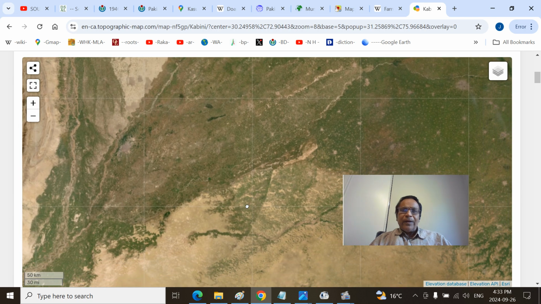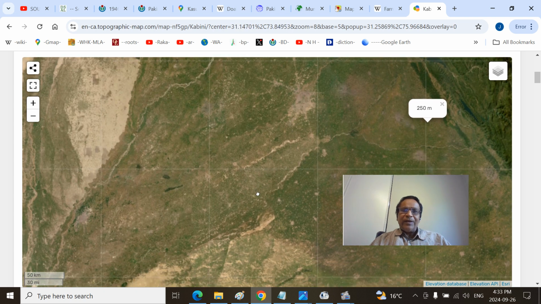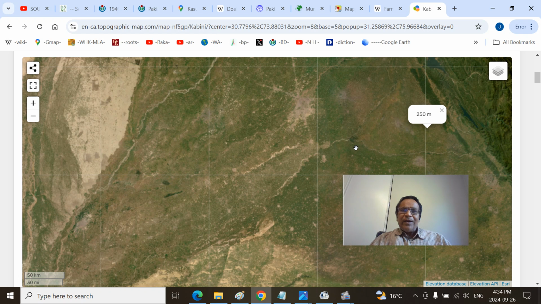Again, we'll get Lahore city here, Amritsar city here, Kasur city here. This dark bluish area is the Harike Pattan. This is the Bias River, Sutlej River, Ludhiana, Jalandhar here. And we go along. This is the Sutlej River here.